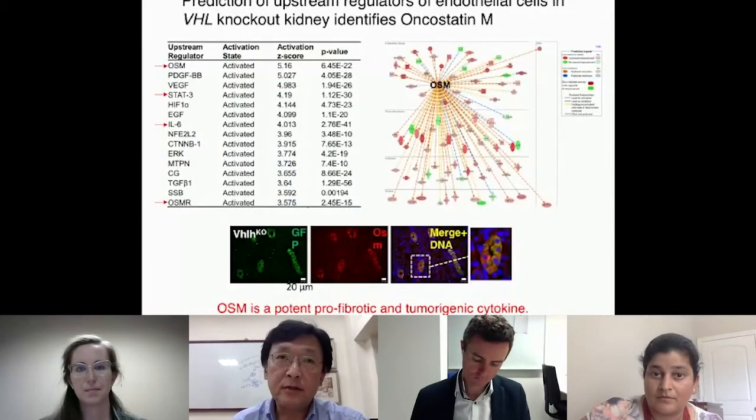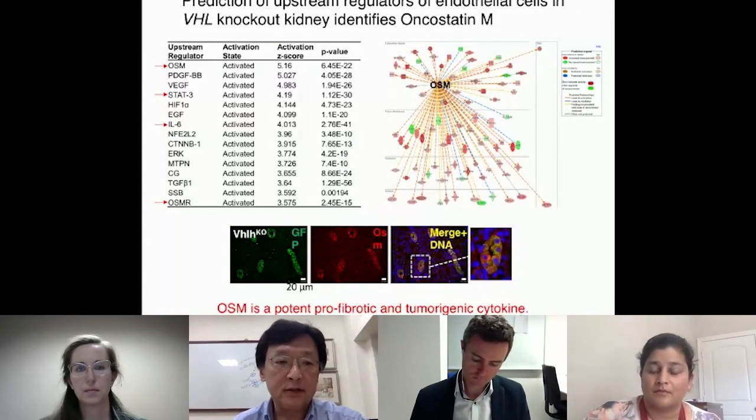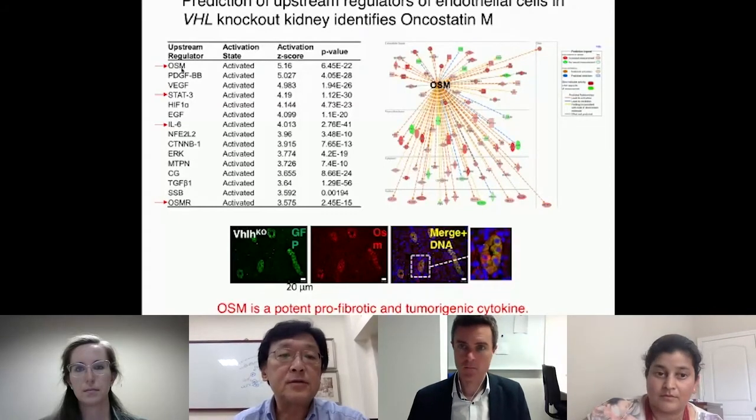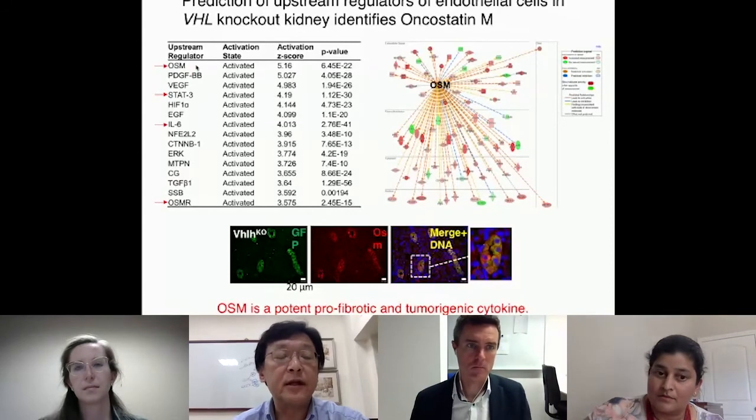As I mentioned, we suspect the changes in the endothelial cells came from secreted factors from the VHL mutant epithelial cells. Using the IPA upstream regulator analysis, we found that oncostatin M signaling is the most prominent, most significantly upregulated.